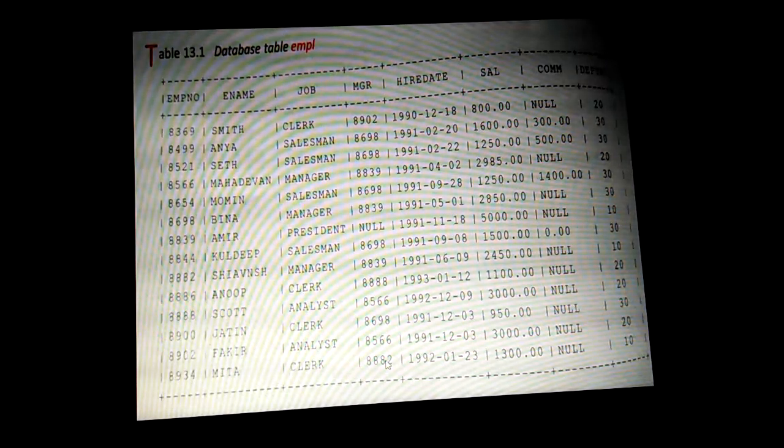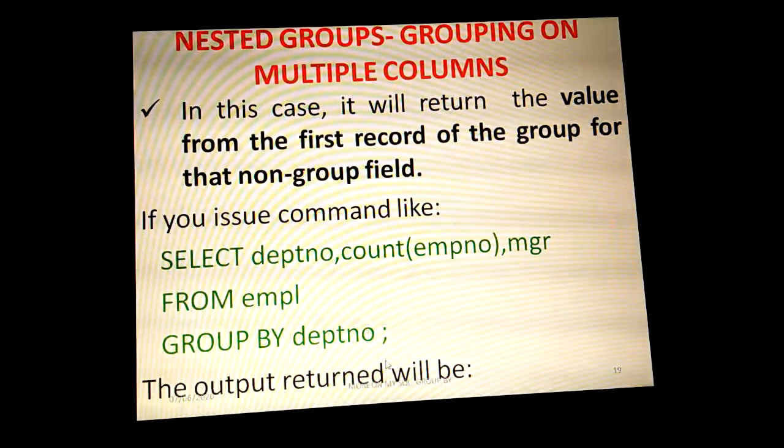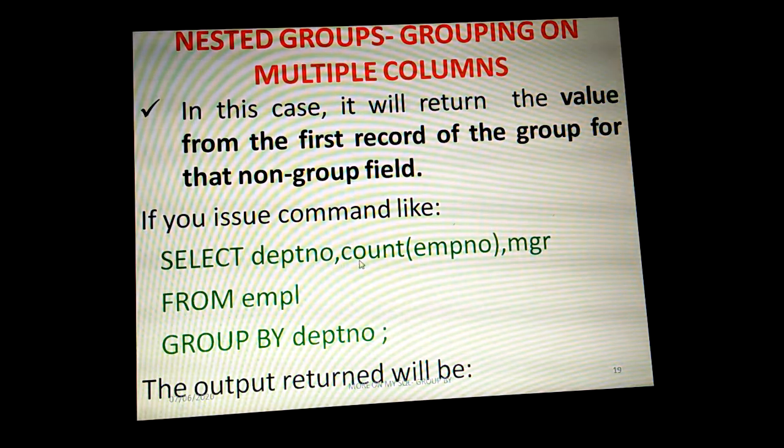Actually, we have mentioned in the select statement department number, count of employee number, and MGR. So the value assigned for this MGR is the value from the first record of the group. In the department number 10 group, which is the value for the first record?